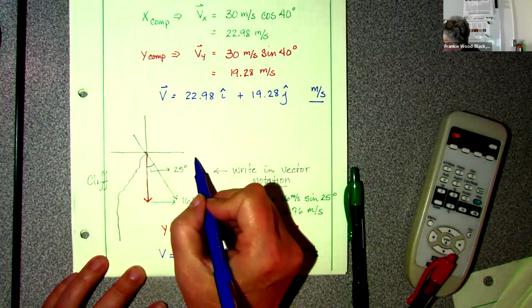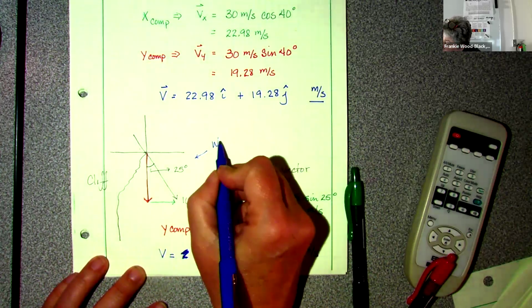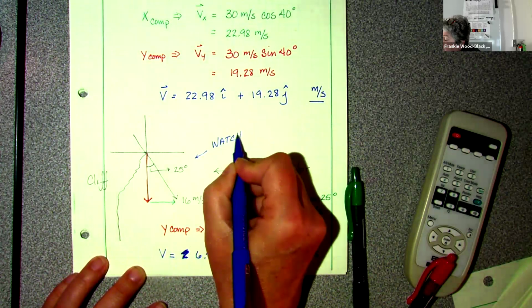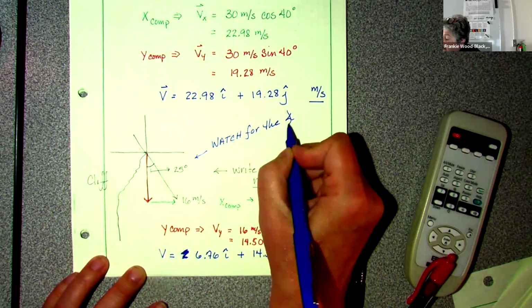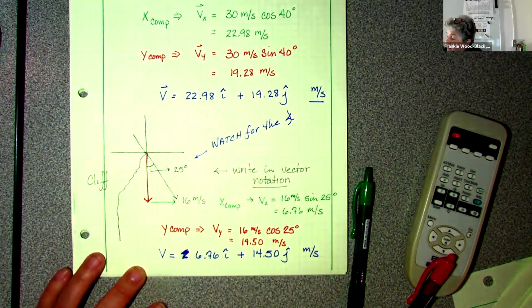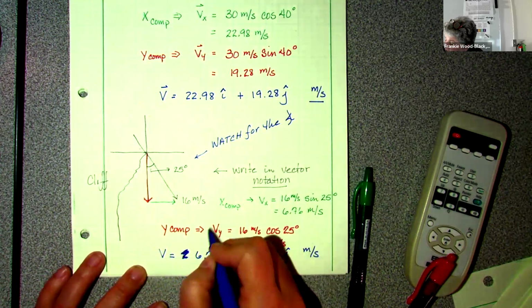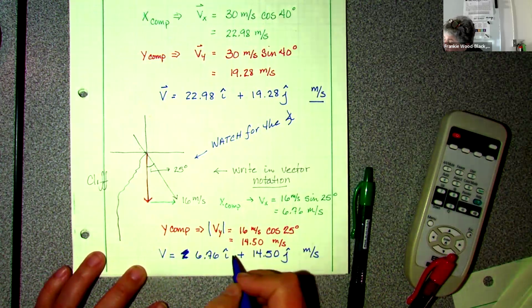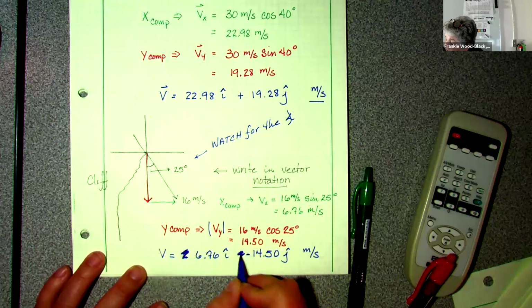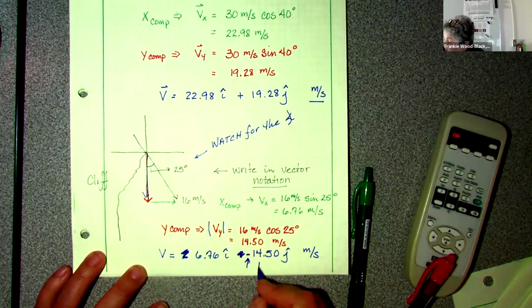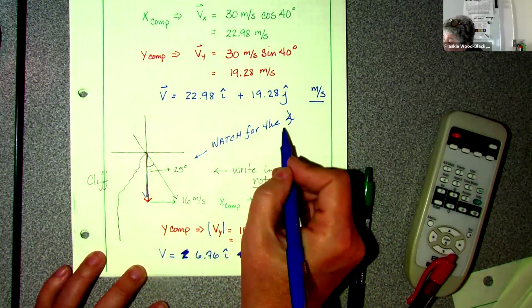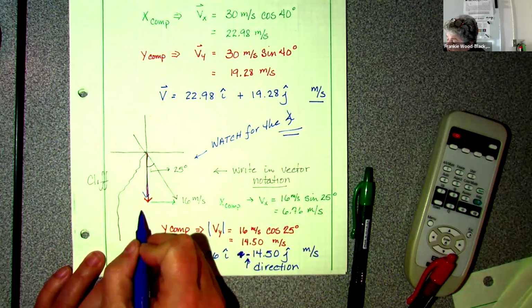So you have to be careful. You have to watch for the angle. And I just said that, and we got another problem. That's the magnitude. We have to take into account the direction, and that is a negative. It's going downward. So I have to account for direction. We have to watch the angle because that's going to give us direction.